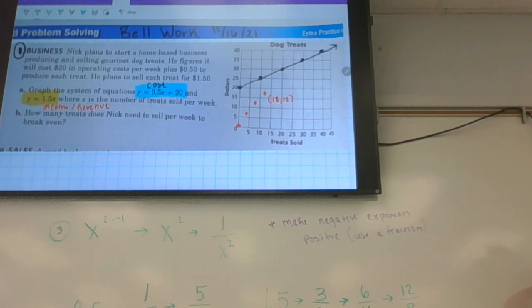If I go up 6 again, I'll be at 24 and 16. Right there. If I go up 6 again, I'd be at 30 and 20. Wow, that worked out for me really good. If I go up 6 again, that's 36 and 24.